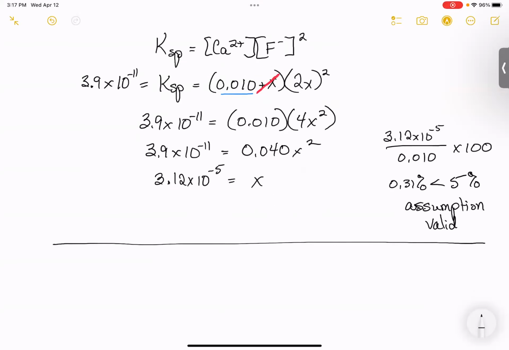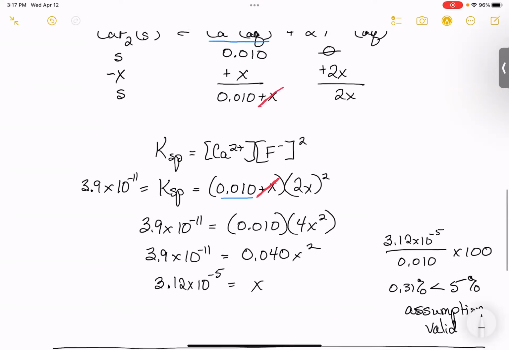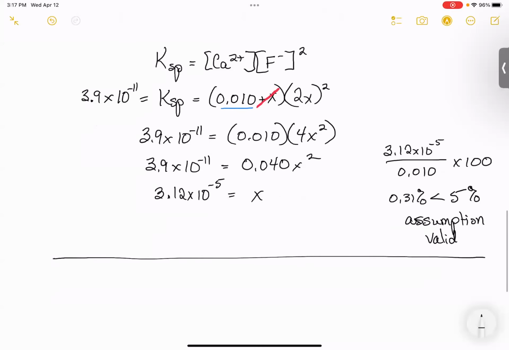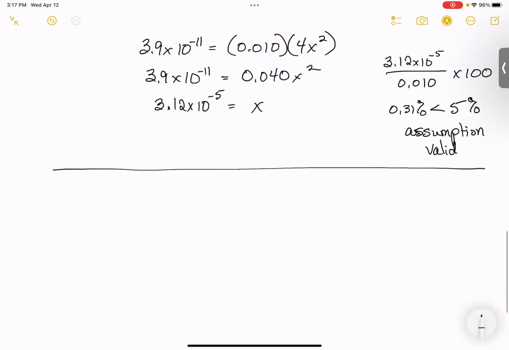So let's look at the last piece. In that one, I gave you calcium or potassium fluoride. Again, potassium fluoride is a completely soluble salt, dissociating into potassium ion and fluoride ion. We were given a 0.010 molar potassium fluoride.